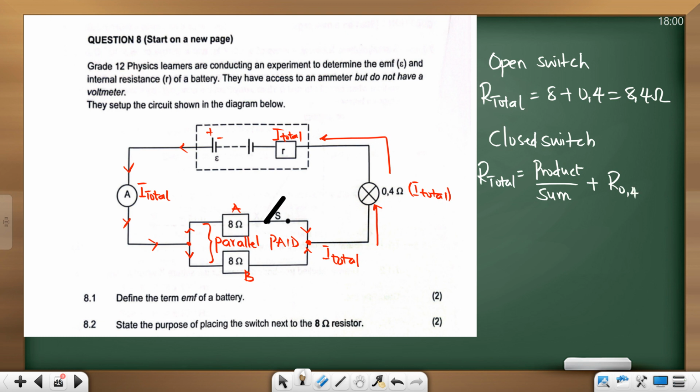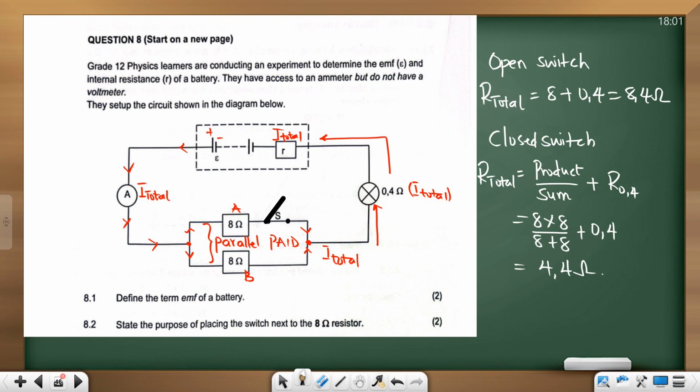Does that make sense? Because that block is connected in series to the 0.4. Our product, 8 multiplied by 8, over 8 plus 8, plus 0.4. That gives us.